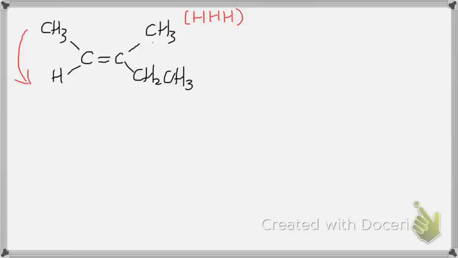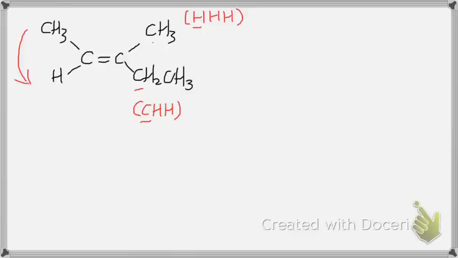So we need to take a look at what are the atoms attached to those two carbons, similar to what you would do to define R and S configuration for chiral carbons. Anyway, for the top carbon, there are 3 hydrogens attached to it, so I put HHH in the parentheses. For the bottom carbon, there are 2 hydrogens and 1 other carbon attached to it, so I will put in parentheses CHH. List the atoms in higher to lower order based on atomic number.